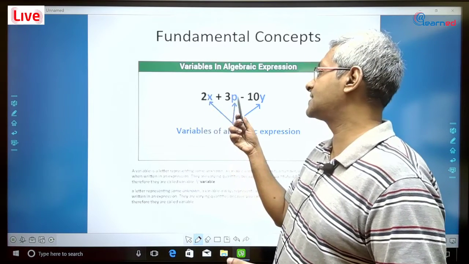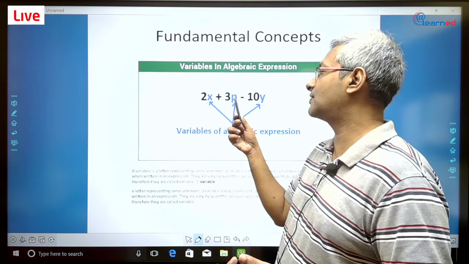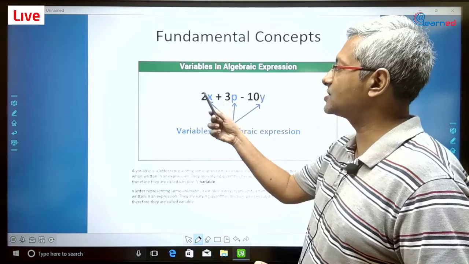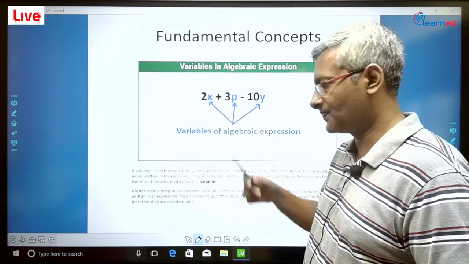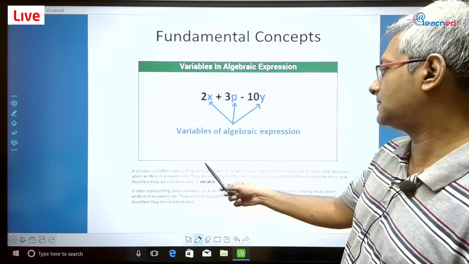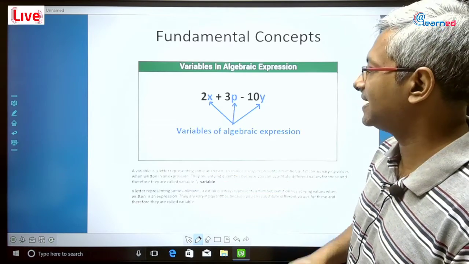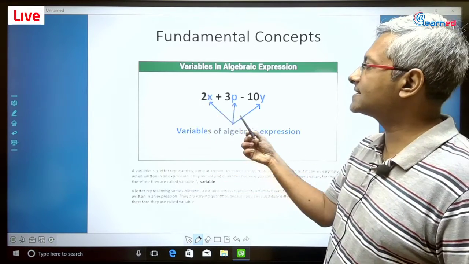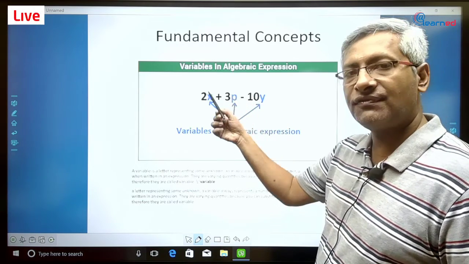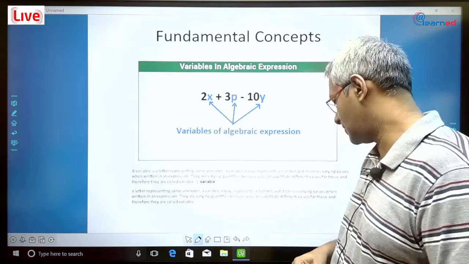I can have similarly an infinite number of numbers over here. So this whole expression will change depending on the values of these variables. A letter representing some unknown is just a repetition of that. So this is how the expression is written. These are the variables and varying values. Okay.